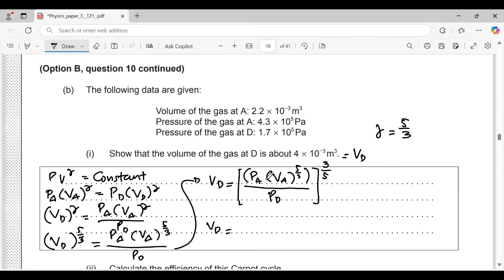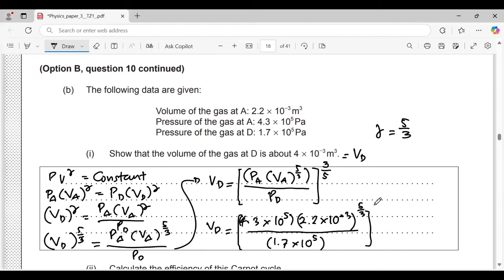And now substitute these values. The pressure at A, P_A, is 4.3 times 10 to the power 5, multiplied by the volume at A, V_A, 2.2 times 10 to the power minus 3, to the power 5/3, over P_D, the pressure at D, 1.7 times 10 to the power 5.